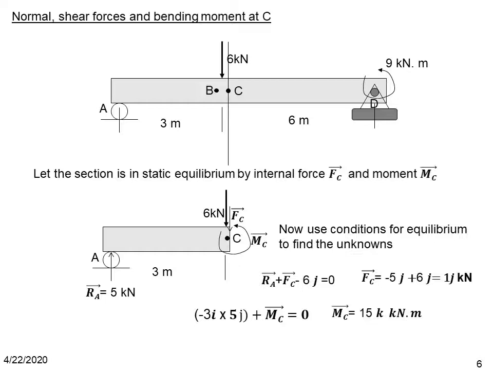We can also use the condition for static equilibrium for the moments. The sum of the moments of forces equals 0. Here, R cross F is minus 3I cross 5J about C plus the couple moment MC equal to 0, from which we can solve the bending moment at C as 15K.